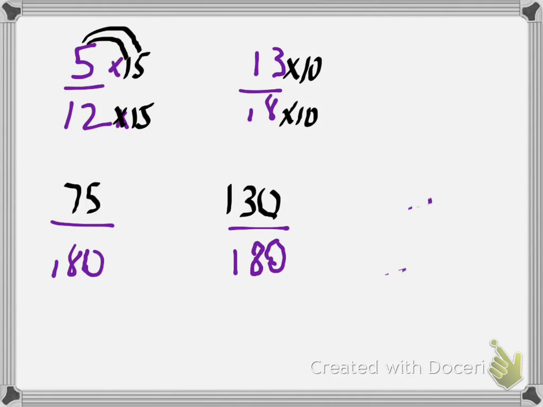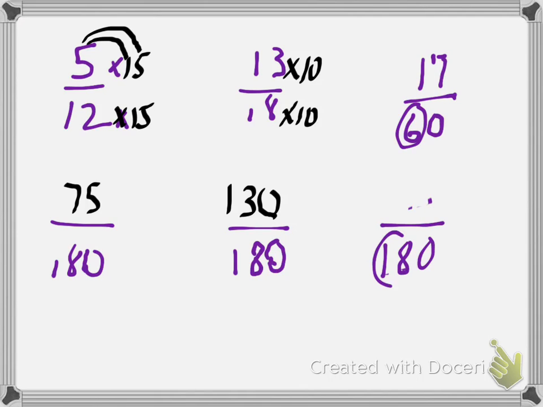Okay. Then our third fraction is 17/60. So if we have 17/60 and we're going to make it into 180, we can just see 6 times 3 is 18, so that means we would multiply by 3.